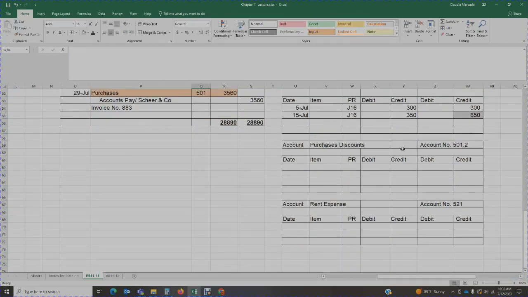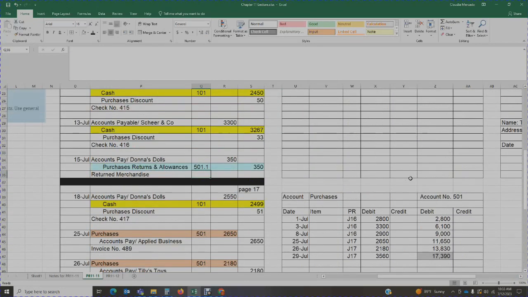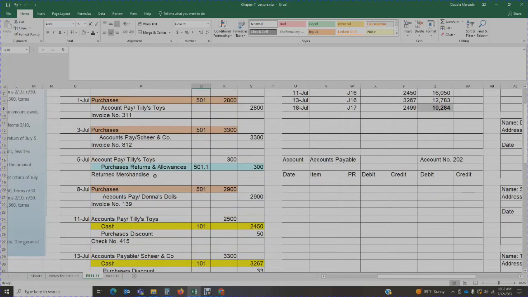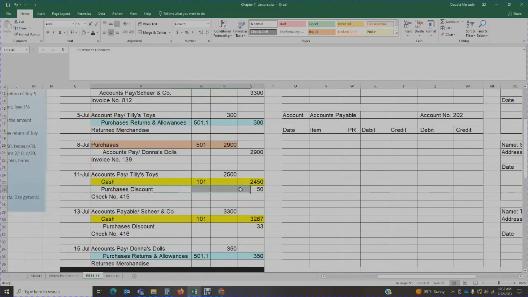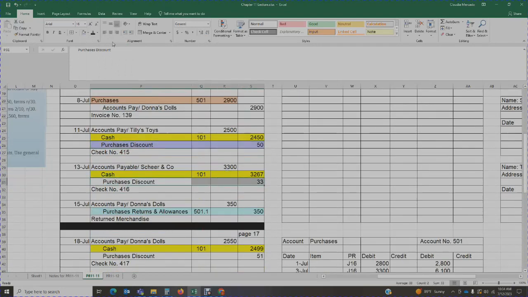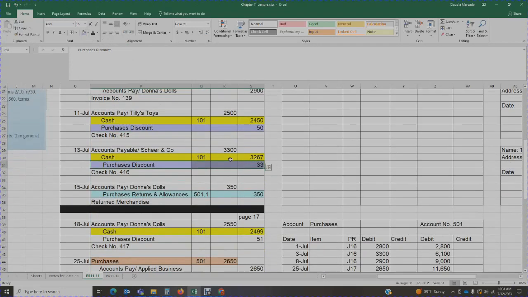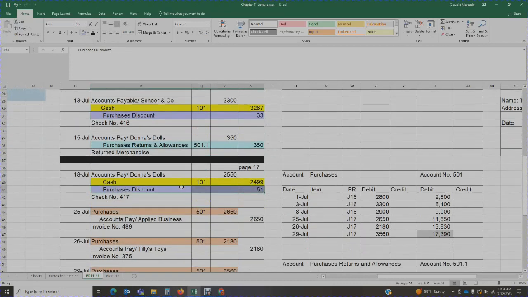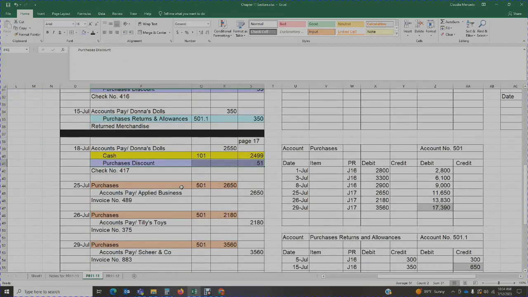Now we're going to look at the entries for purchases discounts. Here we have purchases discounts. We have 1, we have 2, we've got 3, and I think that is it.